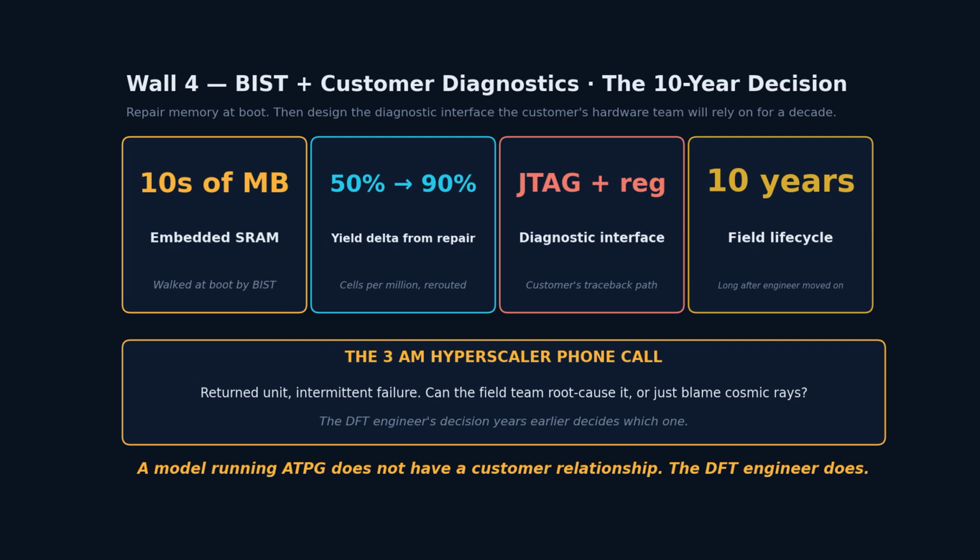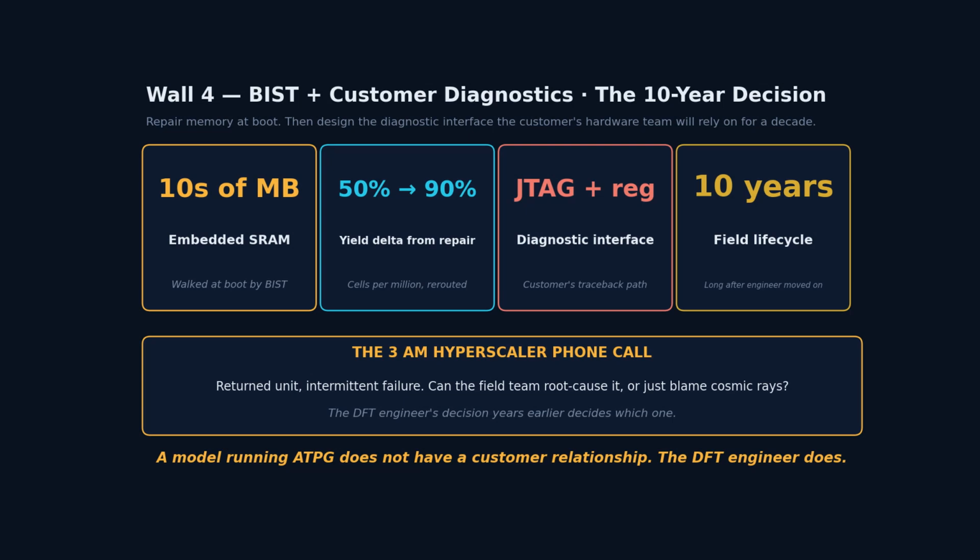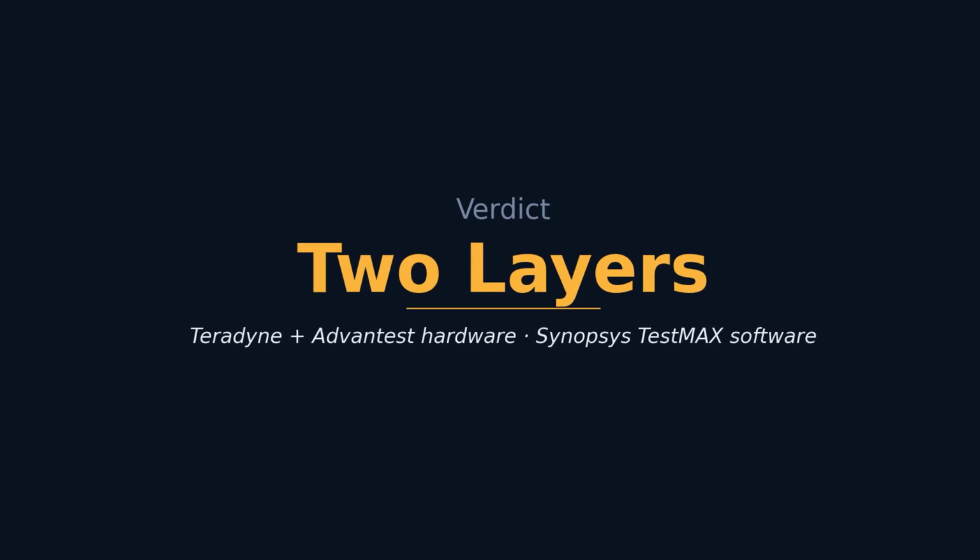Every time a returned unit comes back from a hyperscaler customer with an intermittent failure at 3 in the morning in a data center somewhere, the DFT engineer's decisions years earlier decide whether the failure can be root caused to a specific transistor, or whether the field team just shrugs and blames cosmic rays and ships a replacement. That is a customer-facing decision wearing DFT clothes. A model running ATPG does not have a customer relationship. The DFT engineer does.